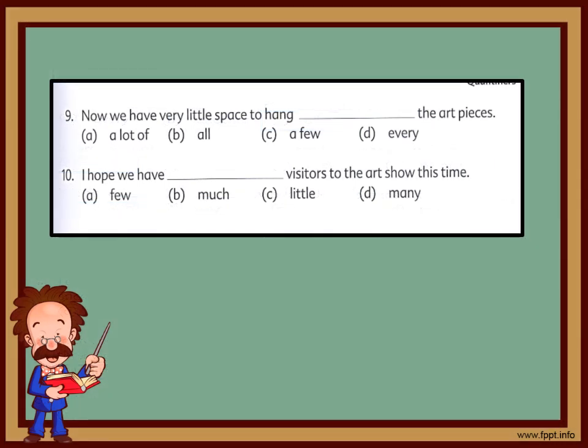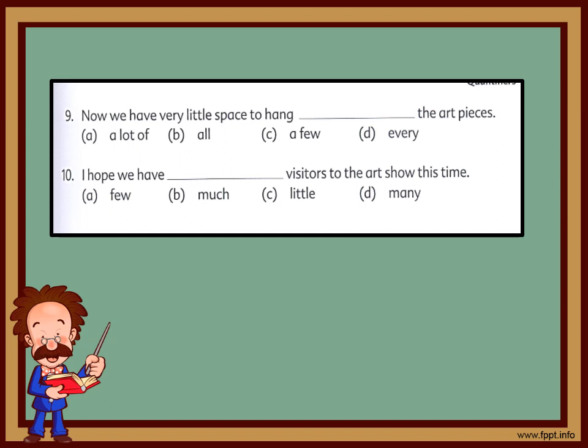We will continue towards sentence number 9. Now we have very little space to hang dash the art pieces. A lot of the art pieces, all the art pieces, a few the art pieces, or every the art pieces. A few is wrong because a is showing singular, that's why I leave that. Every is not suitable, every the art pieces is plural.